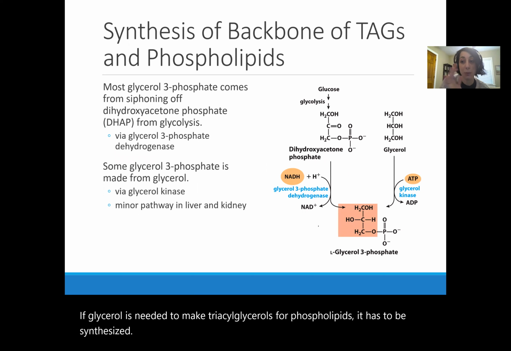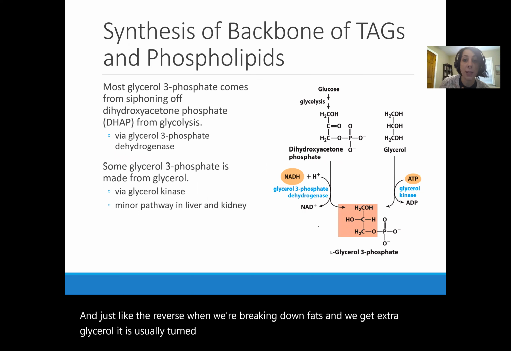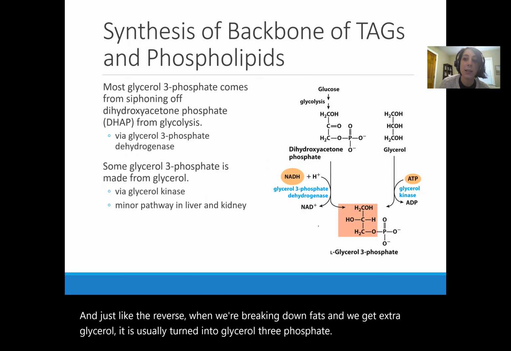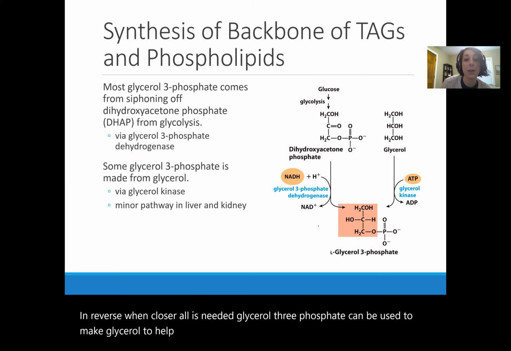And just like the reverse, when we're breaking down fats and we get extra glycerol, it is usually turned into glycerol 3-phosphate. In reverse, when glycerol is needed, glycerol 3-phosphate can be used to make glycerol to help make TAGs and to help make phospholipids.